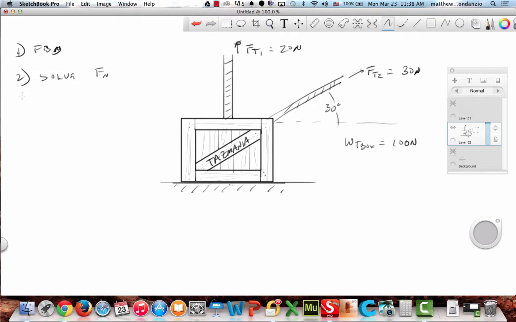And then for extra kicks here, assume that this is frictionless. So frictionless. What's the motion of the box? Direction and amount.